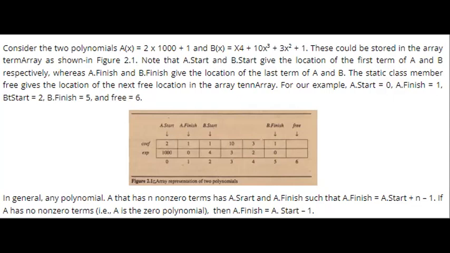If a has no non-zero terms, that is, a is the zero polynomial, then a.finish is less than a.start. So a.finish equals a.start plus n minus 1 is only possible if there are non-zero terms in the polynomial.